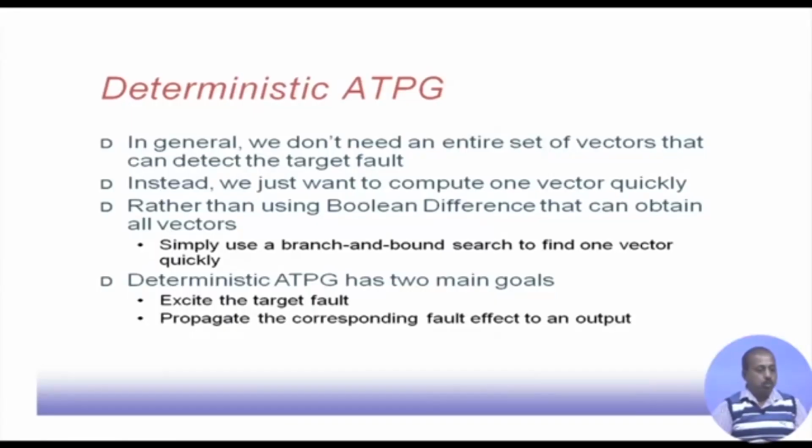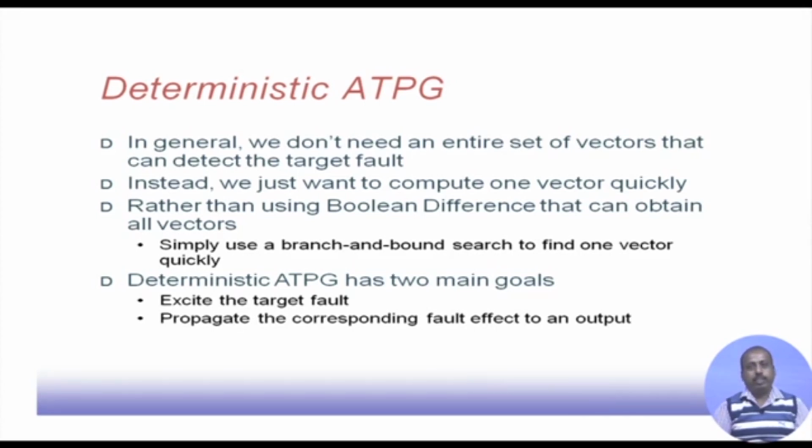So, rather than using Boolean difference that can obtain all vectors, we can use some sort of branch and bound search technique to find one vector quickly, and then we can do fault simulation to see which more faults this vector can detect, and then try out with the remaining faults, dropping all the detected faults from the set. So, this deterministic ATPG has got two goals: excite the target fault and then propagate the corresponding fault effect to an output.